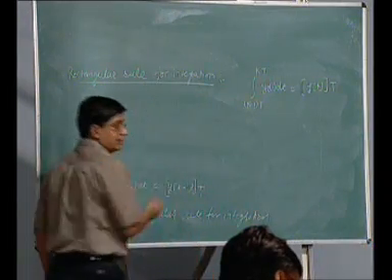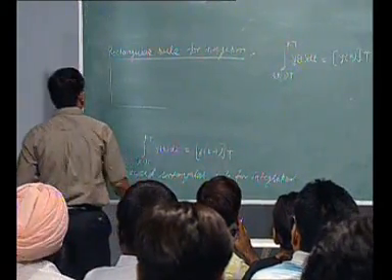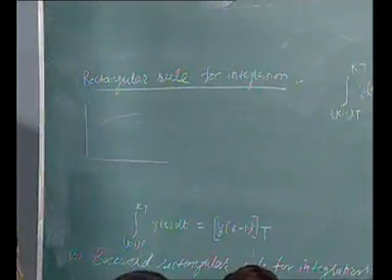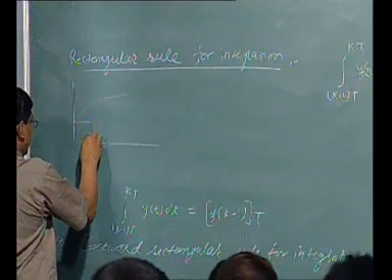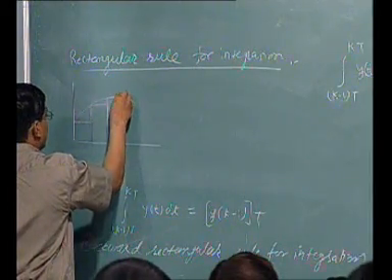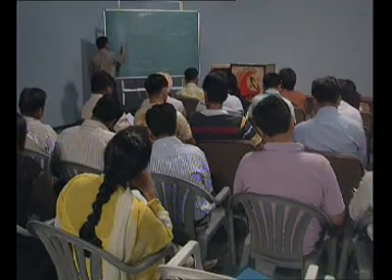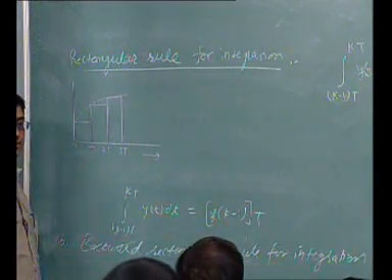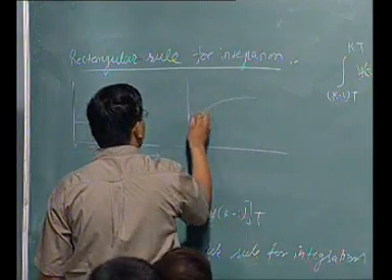Now, basically what is this? See here, if it is a continuous time system, then for t in this way, this is called the forward rectangular rule for integration. And if we take, suppose this is the a.